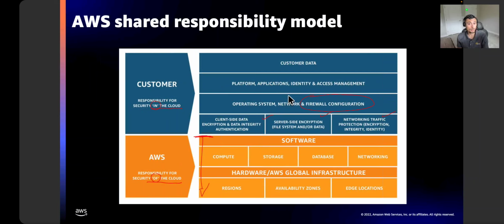So for example, not opening up port 22 to the world, making sure that our operating system is patched, right? This is something that we need to also be responsible for in the case that we're using Amazon EC2, which is an infrastructure as a service offering, right? Making sure that we're basically patching that guest OS with the latest security updates. Making sure that we're applying the appropriate access control rules.